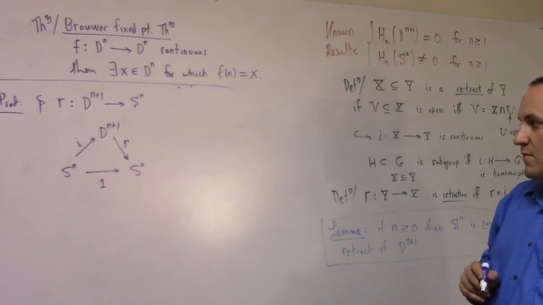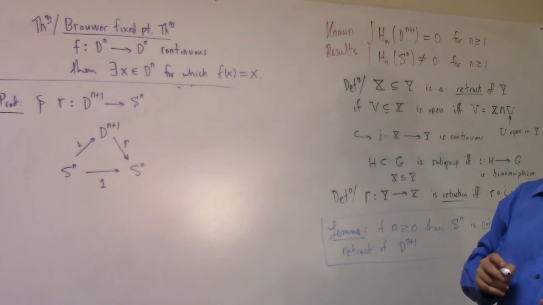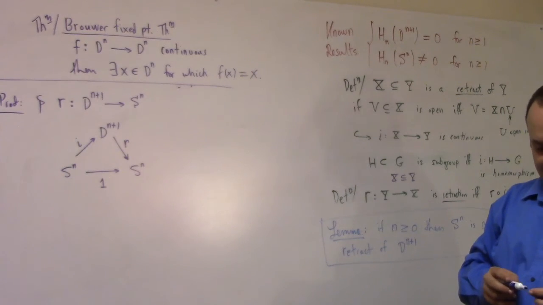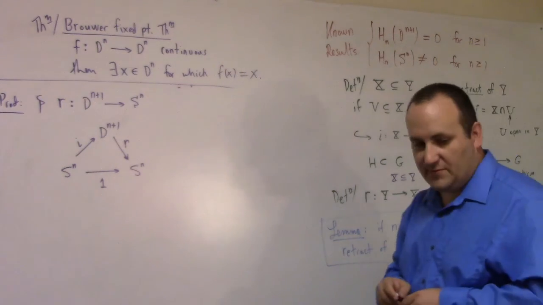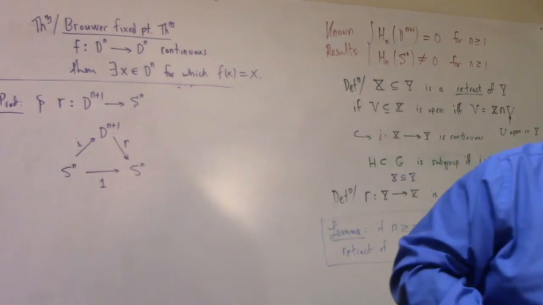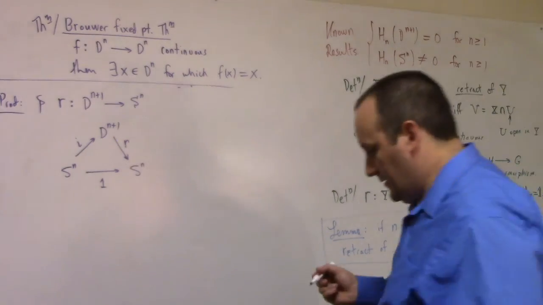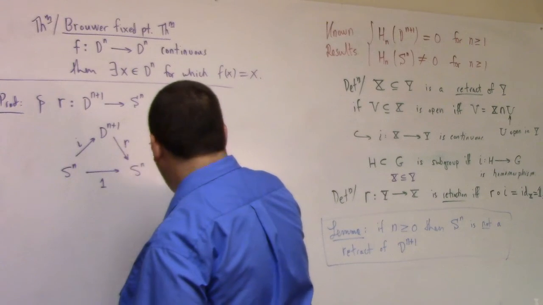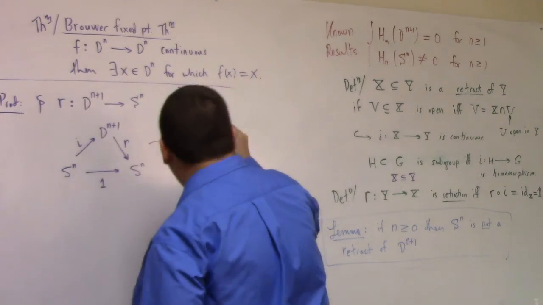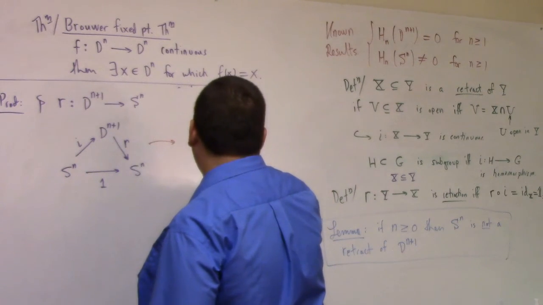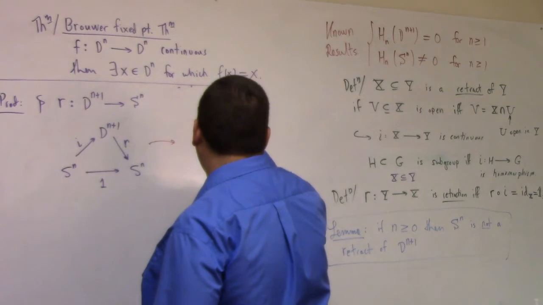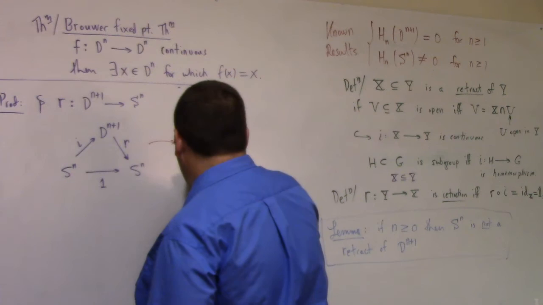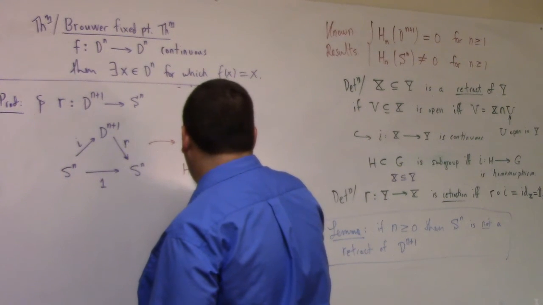All right. So then what you do is you feed this diagram to the homology functor, and out pops a new diagram in terms of algebraic objects, right? So what do you get? You get the nth homology of Dn plus 1. And down here, of course, you get the nth homology of Sn.